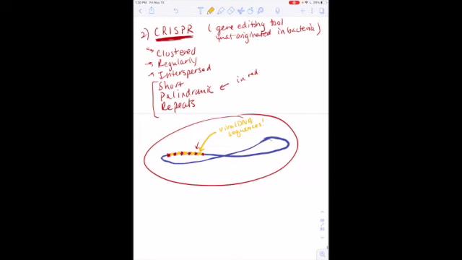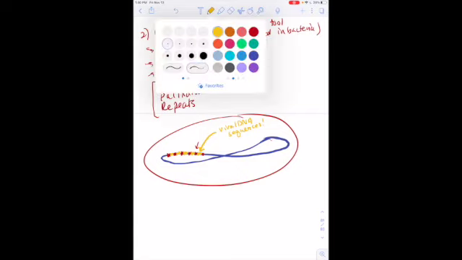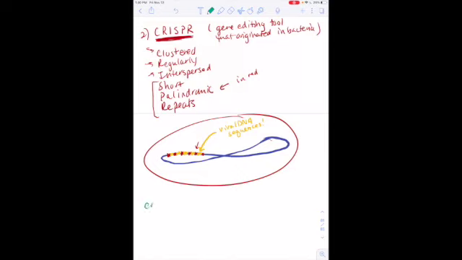It turns out that associated with these CRISPRs, these clustered short palindromic repeats, there are CRISPR-associated proteins, or CRISPR-associated meaning Cas.